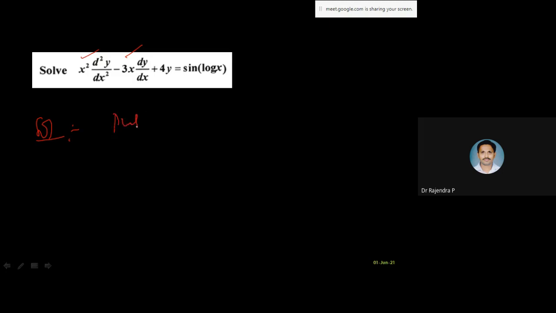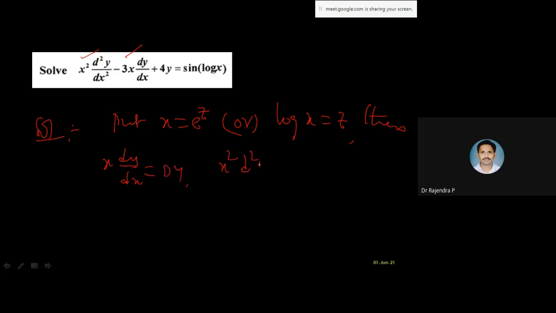So it is very clear. The given equation is a Cauchy linear differential equation. So put x is equal to e power z, or log x is equal to z. Then we substitute and get the results: x dy by dx is equal to Dy, x square d square y by dx square is equal to D into D minus 1 into y. We will substitute these values in equation 1.